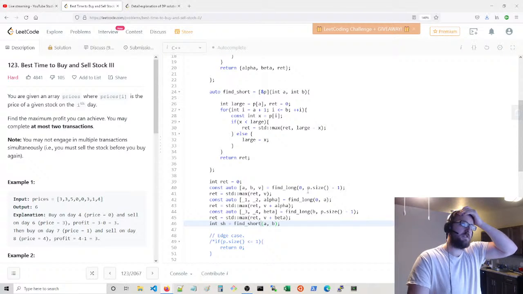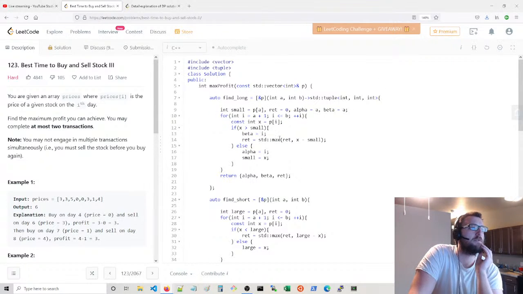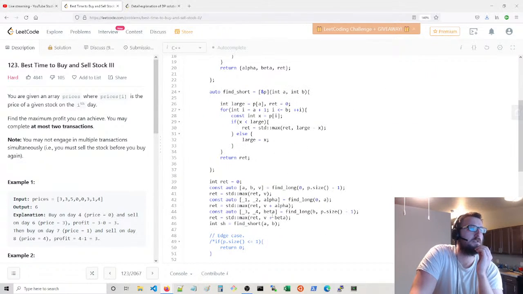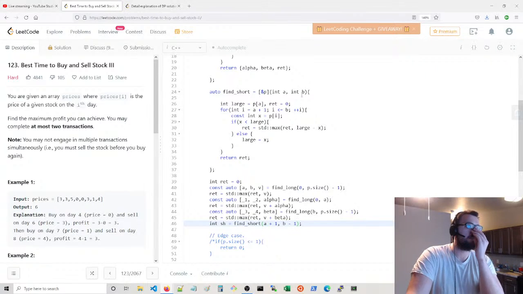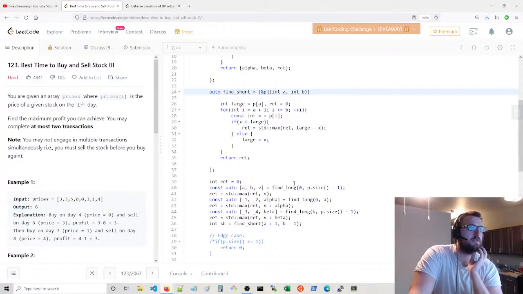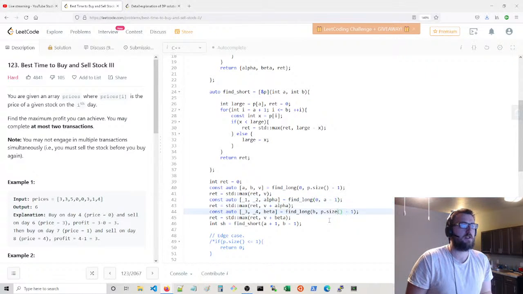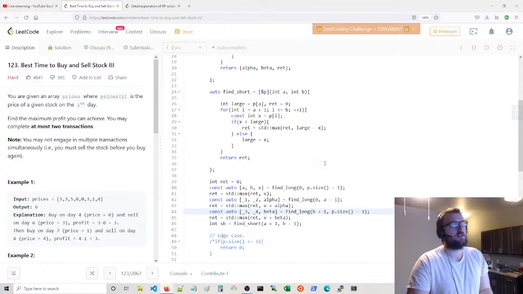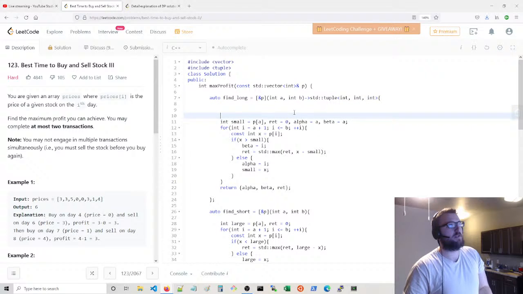So this find long is inclusive. We figure when we buy, when we sell, it's actually going to be A plus 1 and B minus 1, as we don't want it to be inclusive on this range. Same deal over here too. For this long, we actually want to subtract 1 on A and add 1 on B. We don't want to go all the way. We are going to add some code here after all.